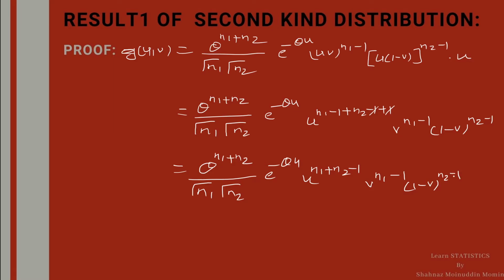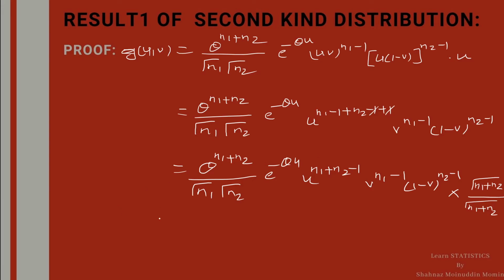Now I will make some arrangement in this expression. I will multiply and divide this expression with gamma n1 plus n2 for our simplicity. Then what will happen?